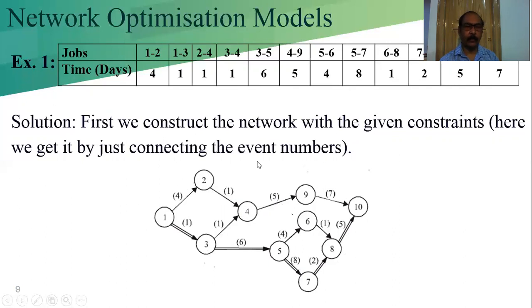From this, we have to calculate the earliest start time, earliest finish time, and latest times. For this we have to follow the forward pass. Then for calculating the L value, we move from the back to the first, that is, from the end node to the first node by applying the backward pass.